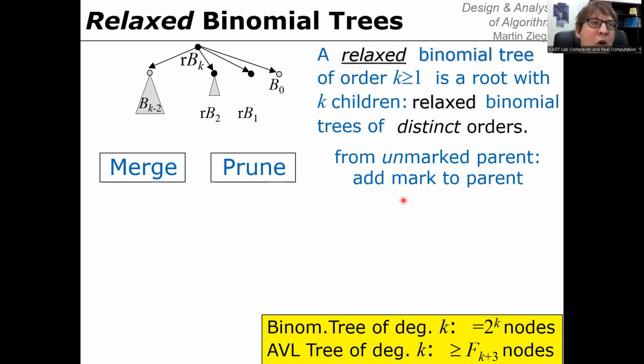And now remember our analysis of the number of nodes of a strict binomial tree. A strict binomial tree of order k had precisely 2 to the k nodes. An AVL tree of degree k had at least Fibonacci k plus 3 nodes. So this is a Fibonacci number defined recursively.